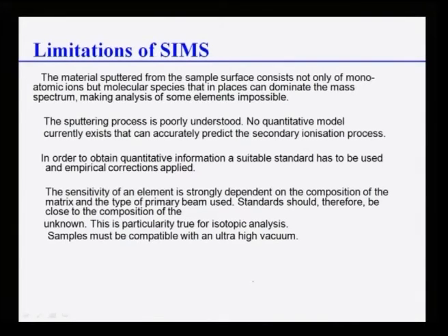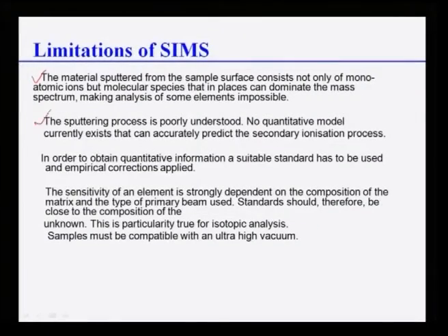This is very obvious because you have a high energy primary source, and this high energy primary source can bombard and create molecular species like CH4 plus, CH3 plus, CH3 minus, which can be created in organic samples, and many others. Normally in metals it is not possible, but it can create metal complexes because the cascade of these primary ion events can lead to mixing, and mixing can lead to even the formation of metal complexes.